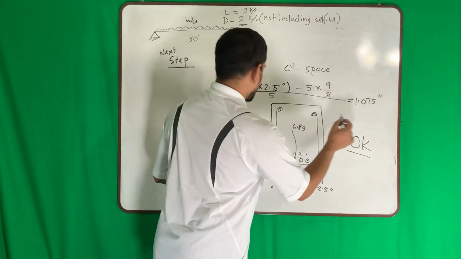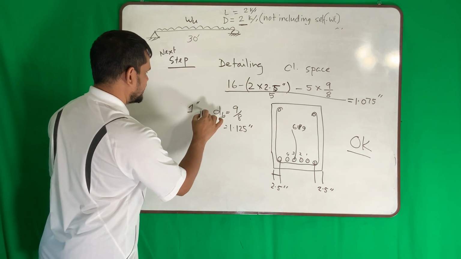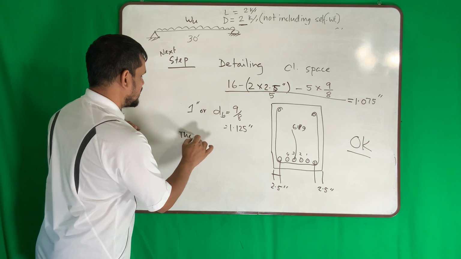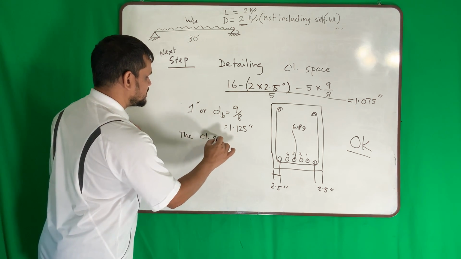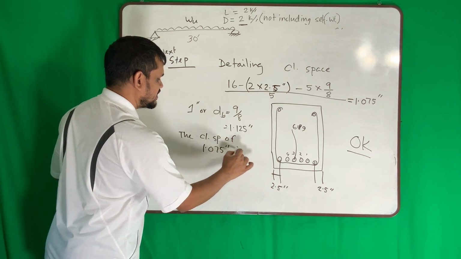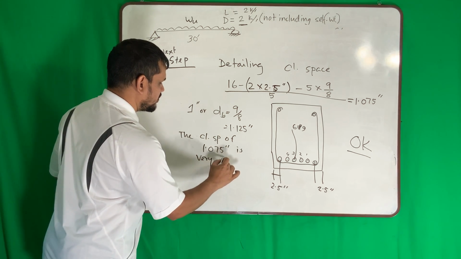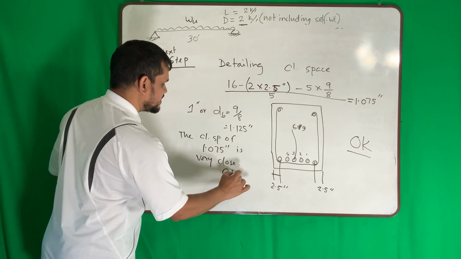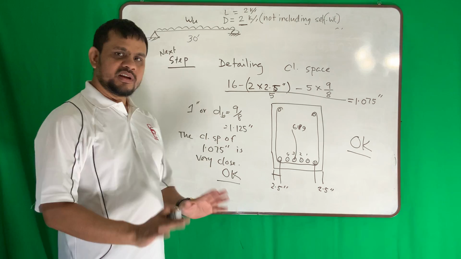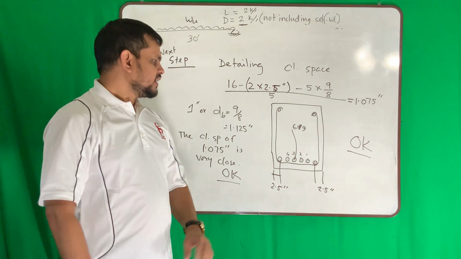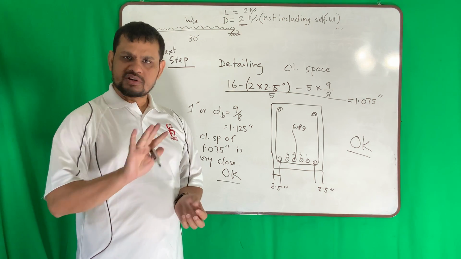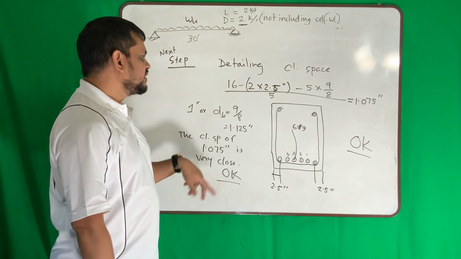Just say that the clear space of 1.75 inch is very close. So you are saying okay. If you say it is okay, based on this judgment, your design is not wrong. Yes. This kind of assumption is just empirical by experience. It's not sharp.